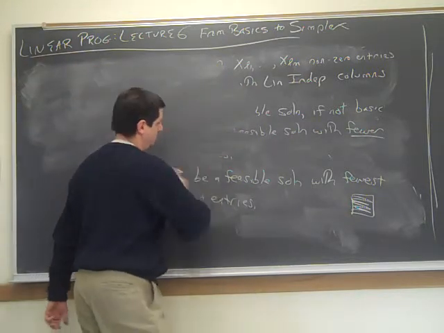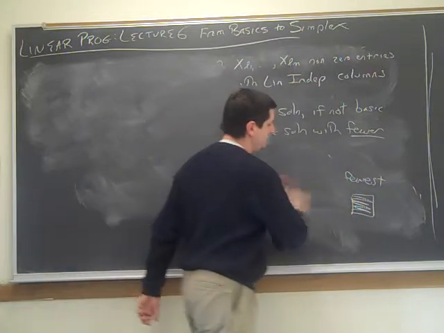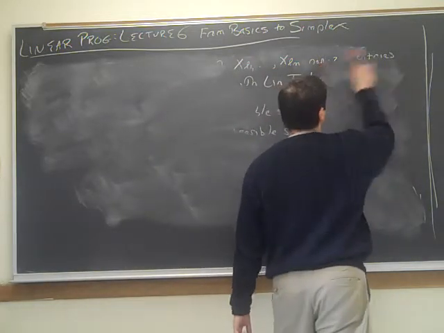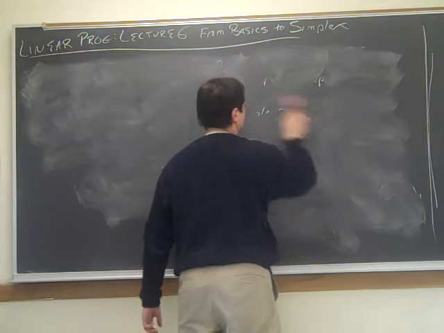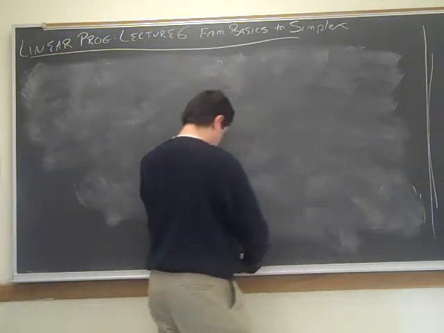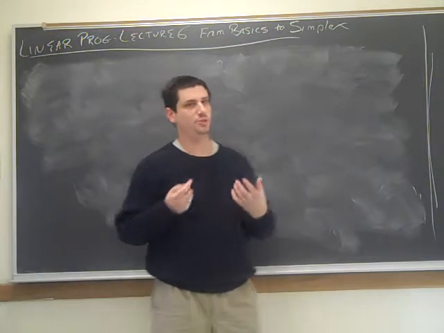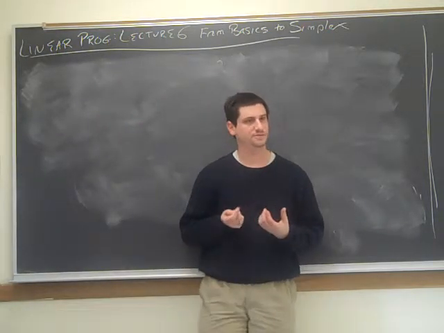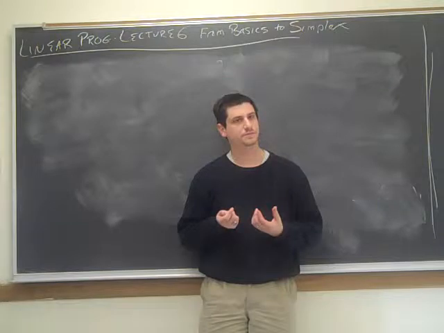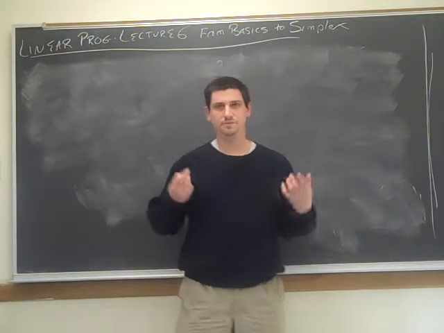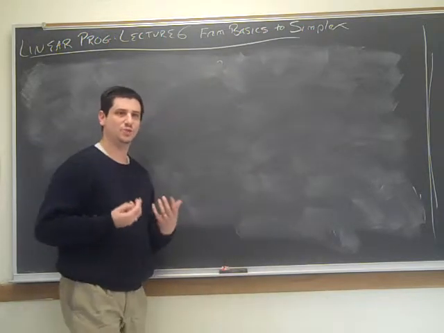Okay. So this is where we need some results from linear algebra. So, if I give you a basic feasible solution, what's the first thing that comes to your mind? So you hear the phrase basic feasible, what comes to your mind?